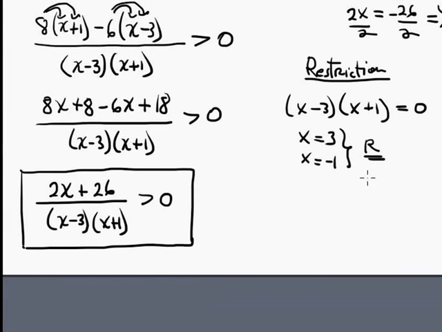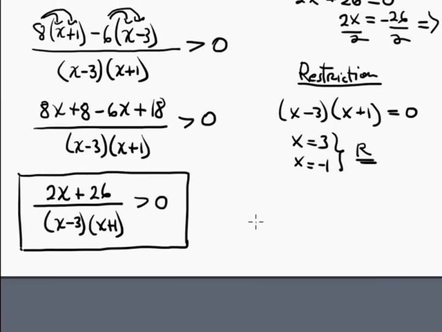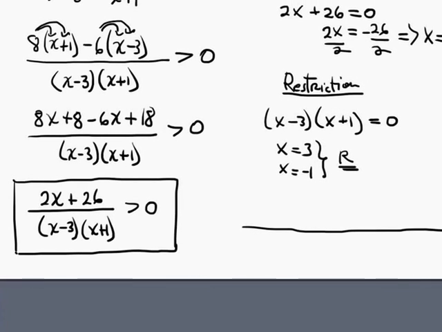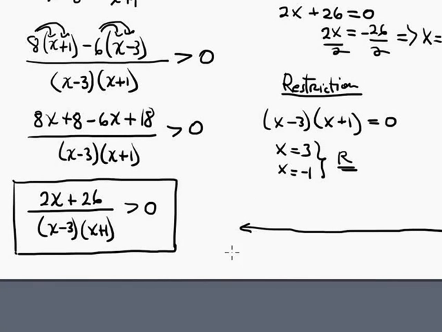The partition is the real number line again, minus infinity to plus infinity. Now we have the critical value negative 13, one partition here. Negative 1 is a restriction, and positive 3 is another restriction.